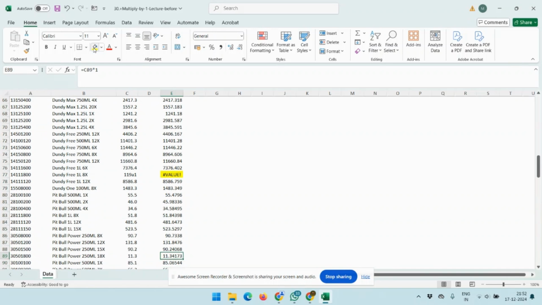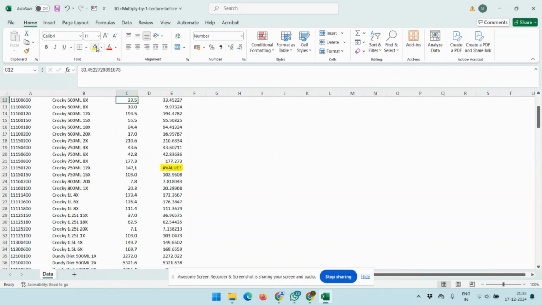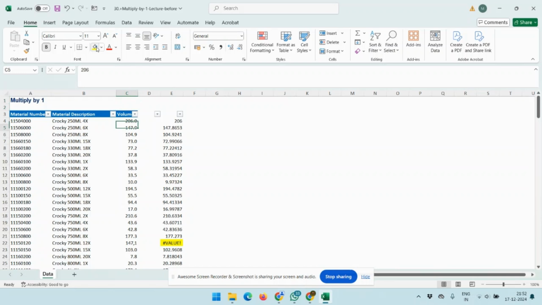So these two are text, and we have to identify these, like here and here. So multiply by 1 is very useful whenever we are doing big or large data calculations.